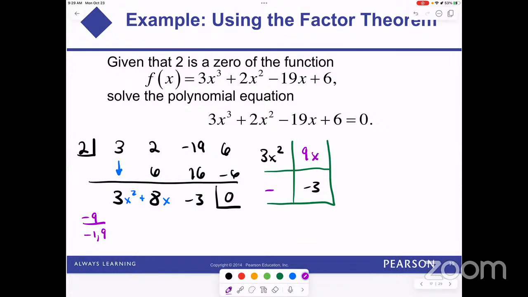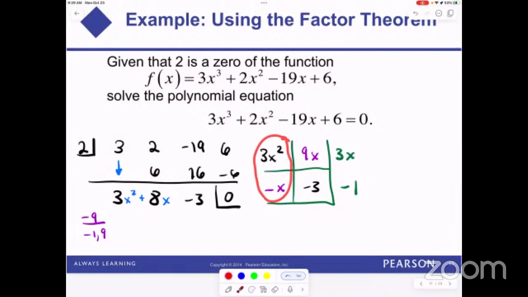Then when we go to factor, if we look at the 2 on top, we ask ourselves, what's the greatest common factor? They both have 3x, so we can factor out 3x from those 2 terms. When we look at the 2 on the bottom, we can factor out a negative 1 from both of those terms. If we look at the 2 on the left, we can factor out x from both.